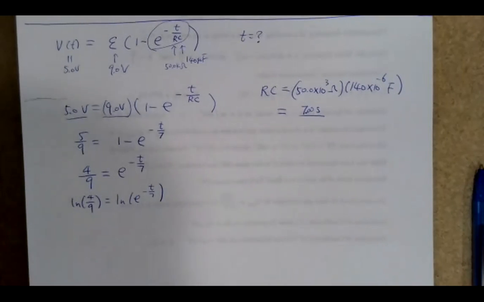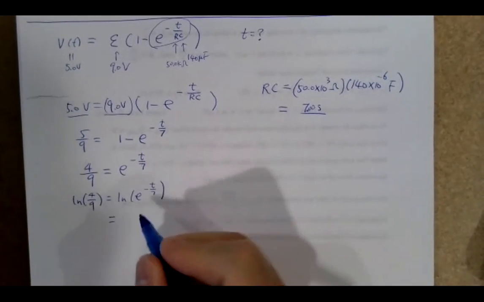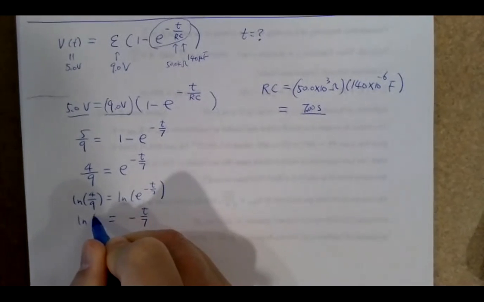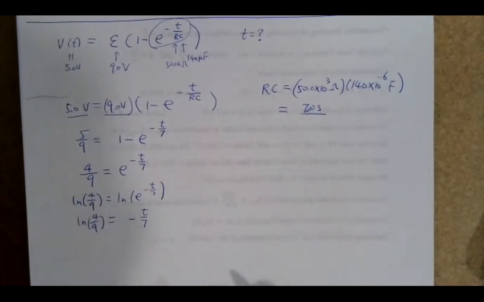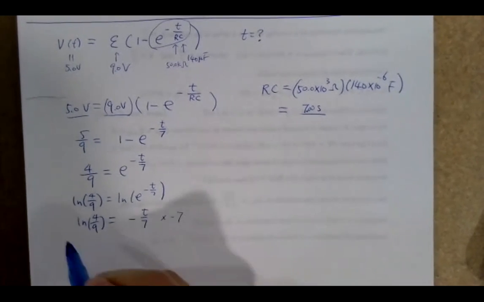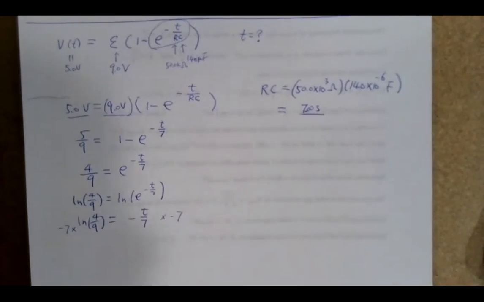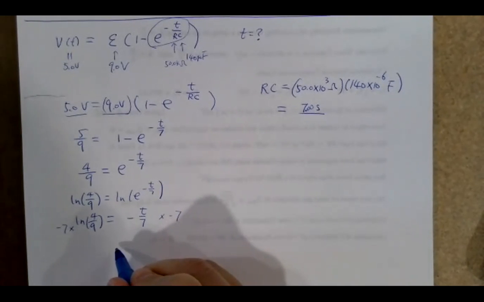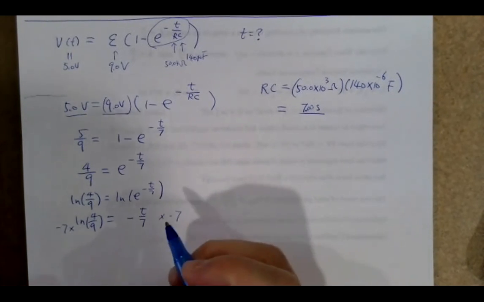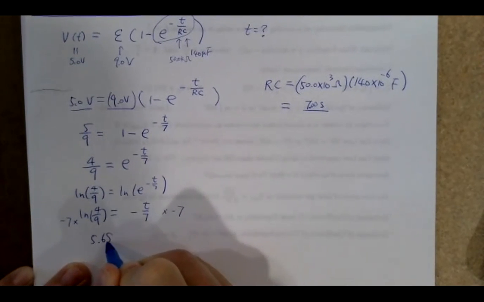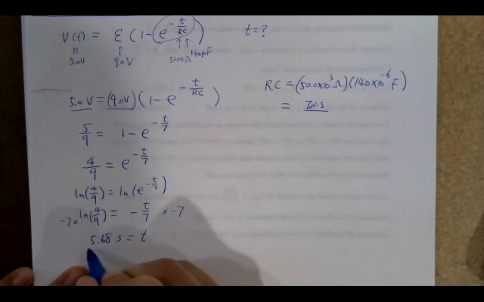So minus t over 7 is equal to ln of 4 over 9. Your t will be equal to, you multiply both sides by minus 7, and it tells you your t is equal to 5.68 seconds.